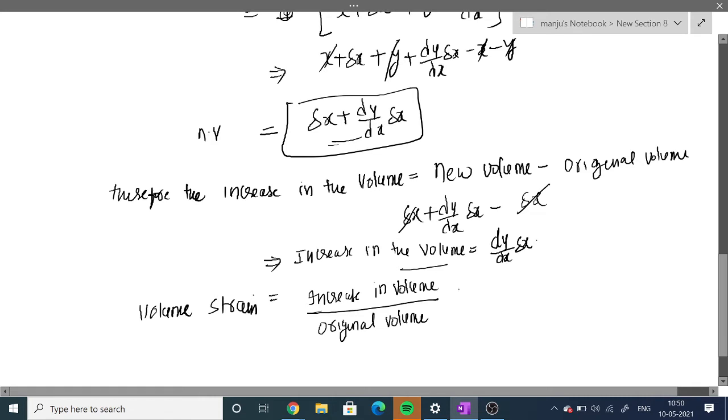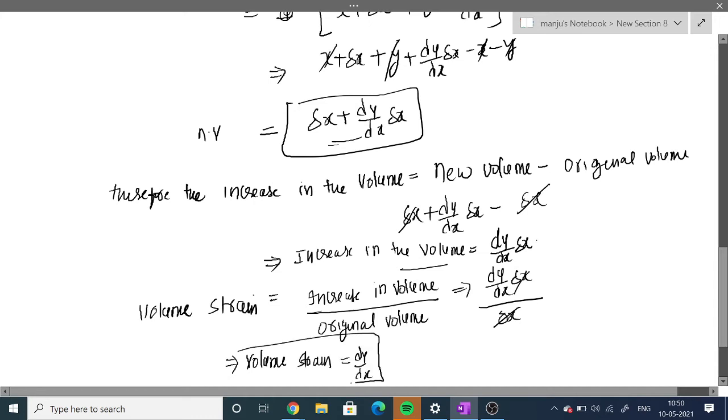The increase in volume is dy by dx into delta x, divided by delta x. So delta x cancels. So the volume strain is equal to dy by dx.